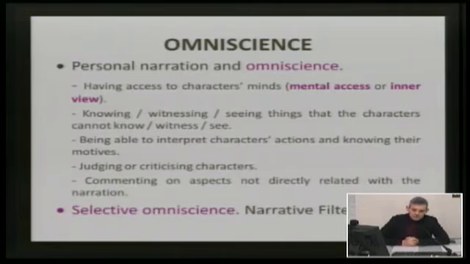Henry James, for instance, called it the center of consciousness. As I was saying, this is a character through which we see, through which we perceive what happens. So only one character in selective omniscience, as opposed to all characters in general omniscience.